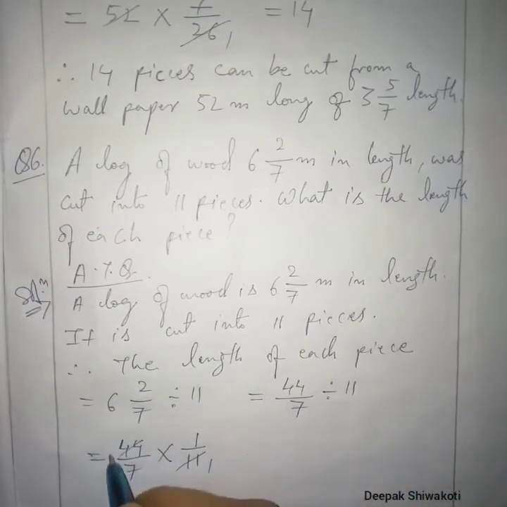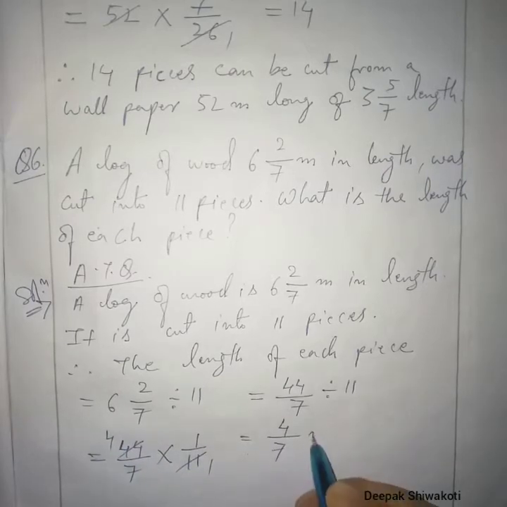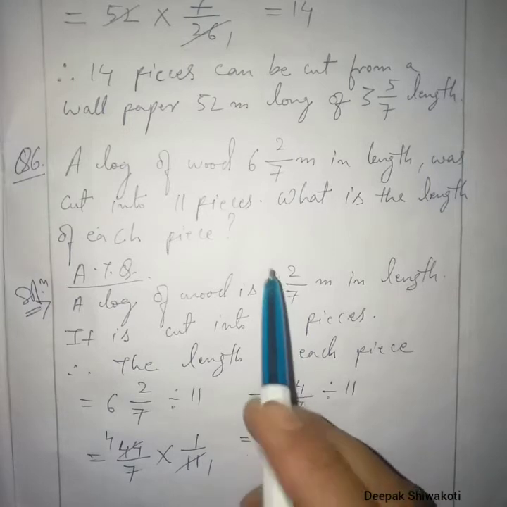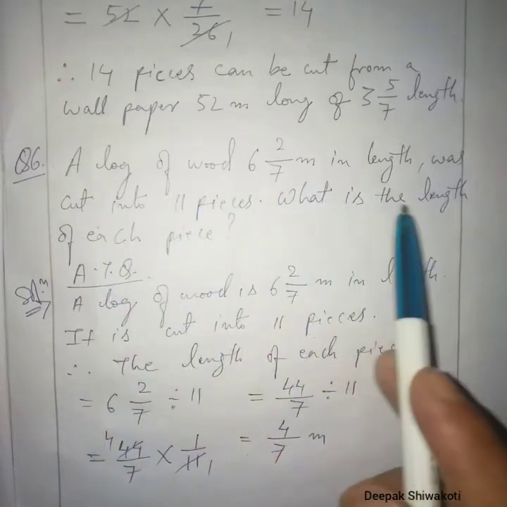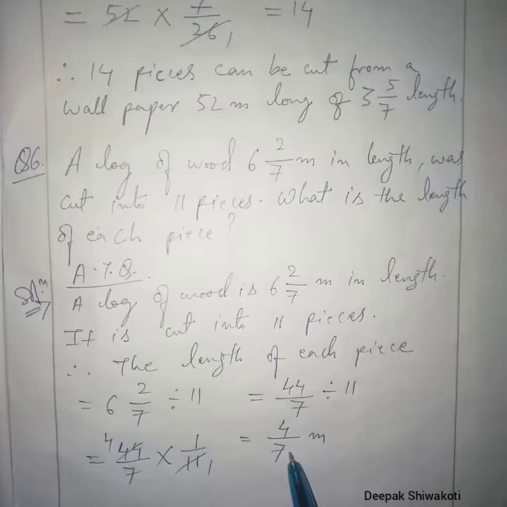So 11 ones are 11, 11 fours are 44, so we get 4 by 7 meter. That means we can cut this log into 11 pieces, and each piece will be of length 4 by 7 meter. Okay, next is question number 7.